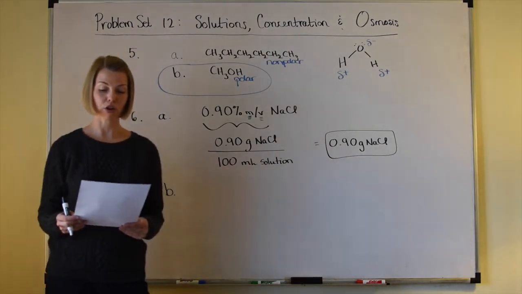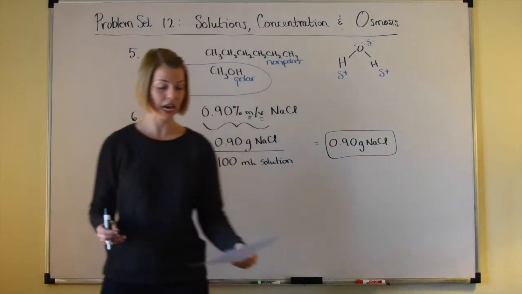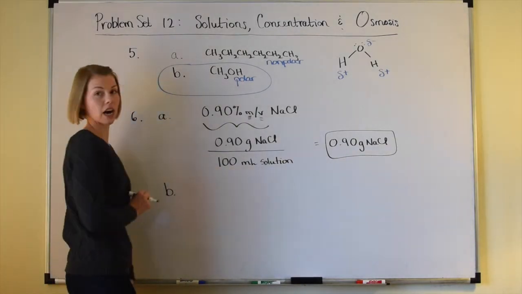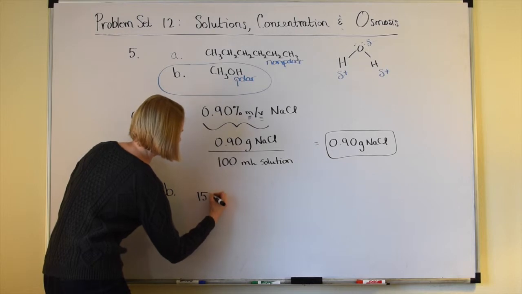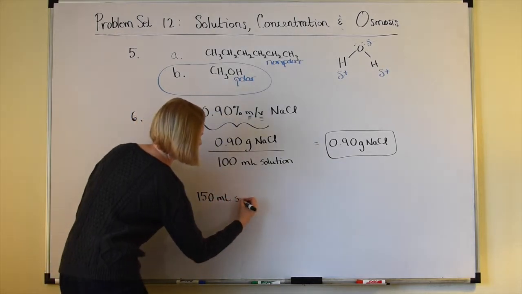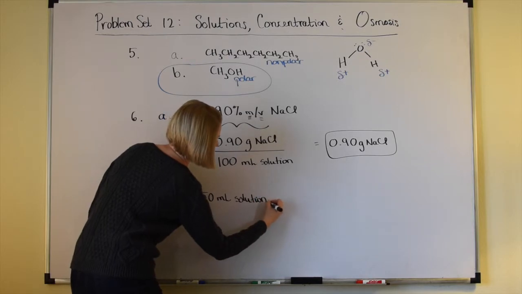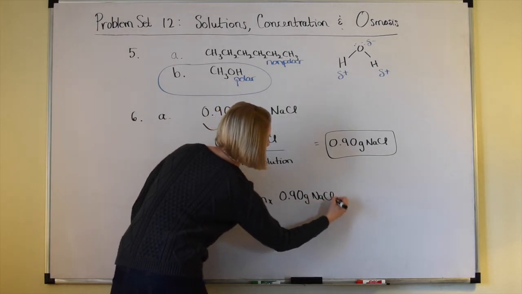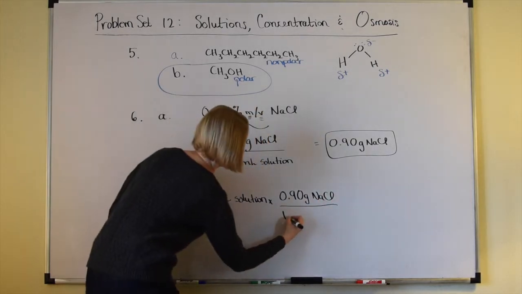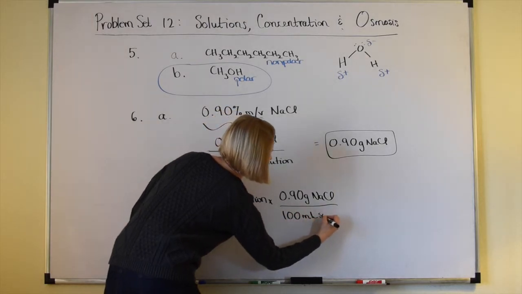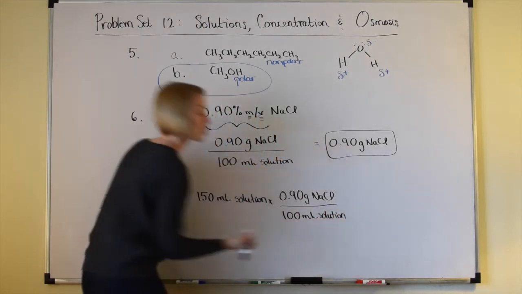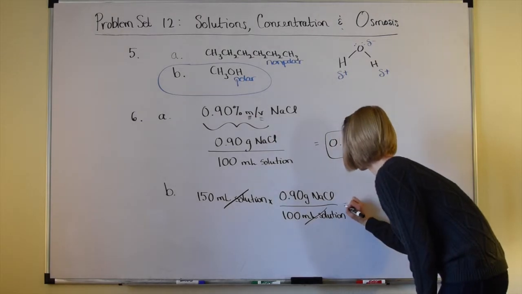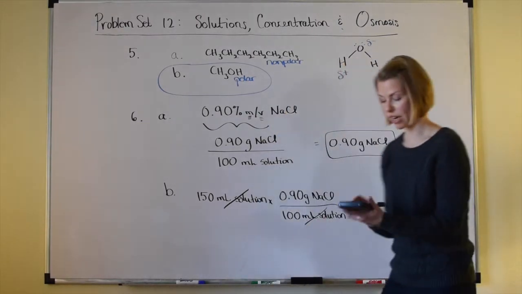B. How many grams of sodium chloride are needed to prepare 150 milliliters of normal saline? So in this case, we're not trying to make just the 100 milliliters of solution. So we want to multiply that 150 milliliters through to figure out how many grams of solute are needed. And if you set it up with dimensional analysis, the milliliters of solution will cancel, telling you how many grams of the sodium chloride are needed.